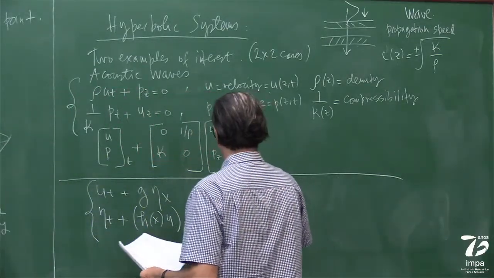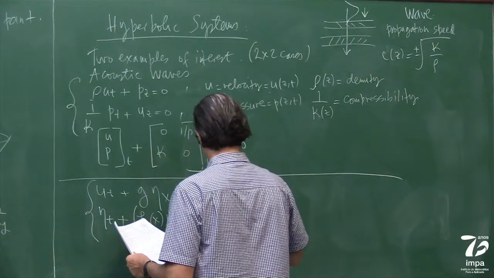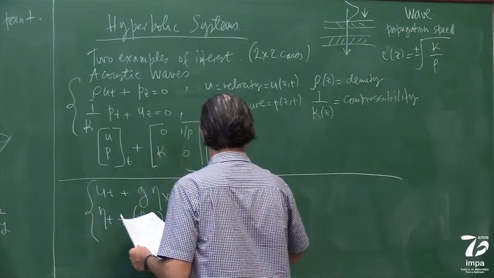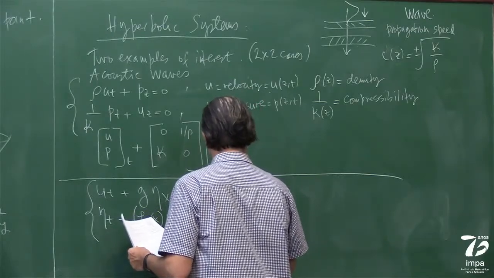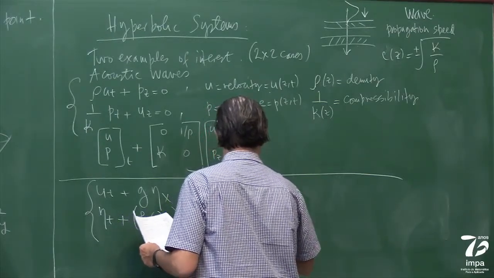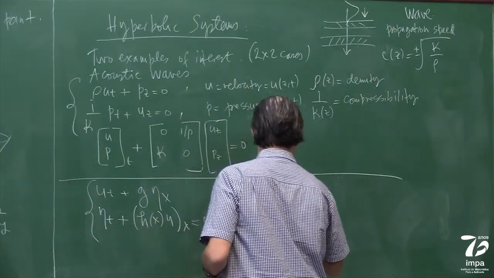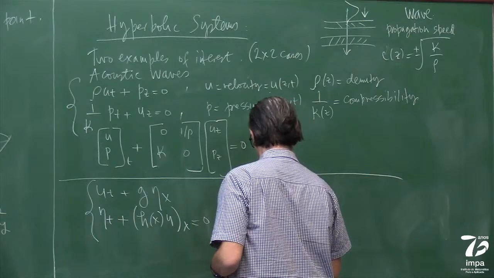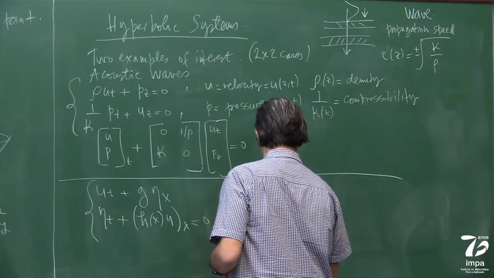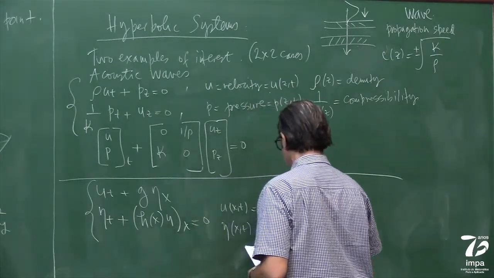Where u of x,t is also a speed or velocity, and eta is wave elevation.